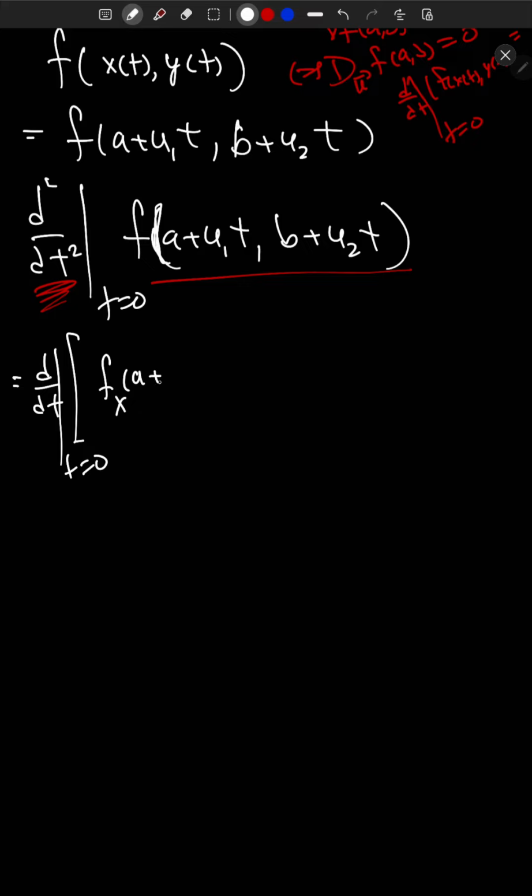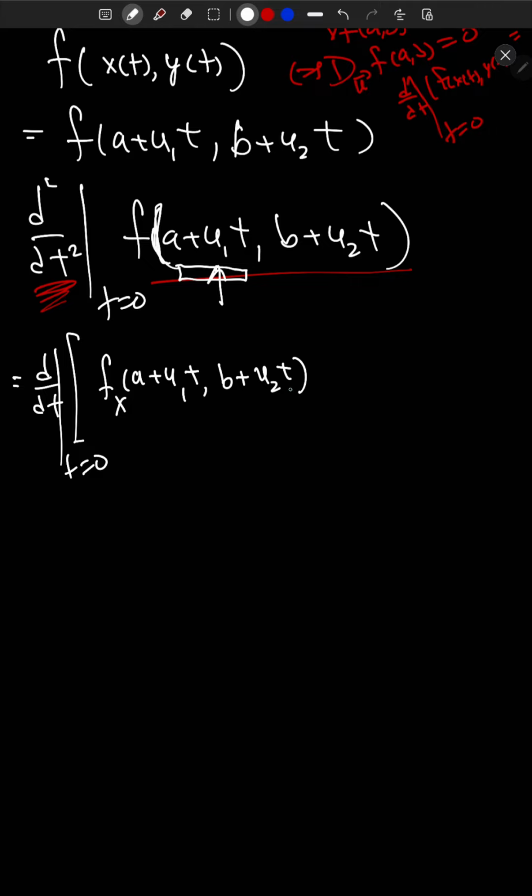The problem here, what I'm kind of debating, is how much I should write inside, because it's going to get a little messy. F sub x at the point of interest, comma, dx dt. So this is df dx dx dt. What's dx dt? Well, x is a plus u1t, so dx dt is just u1. And remember, u1 is just a constant.